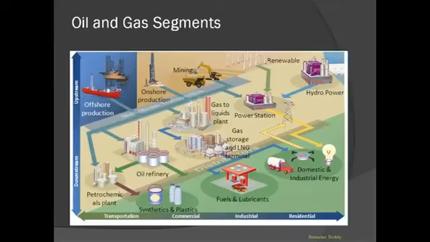Okay. Upstream means searching and exploration of the crude oil or natural gas. Searching as well as the exploration process of the natural gas or crude oil we call the upstream process. The companies which are involved in upstream business, we call those upstream companies, like Reliance.